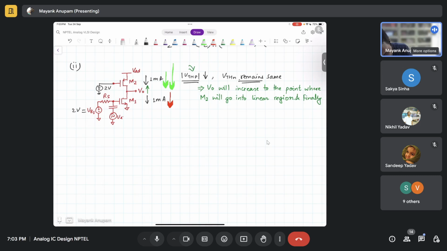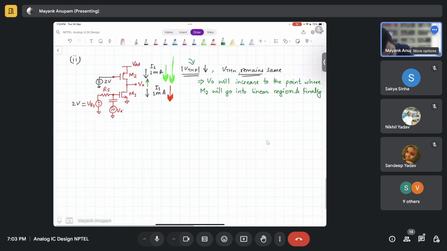So this is I2, this is I1. I2 might increase, then again it will decrease to 1 milliampere here. It will start decreasing, and it will decrease to 1 milliampere, right?